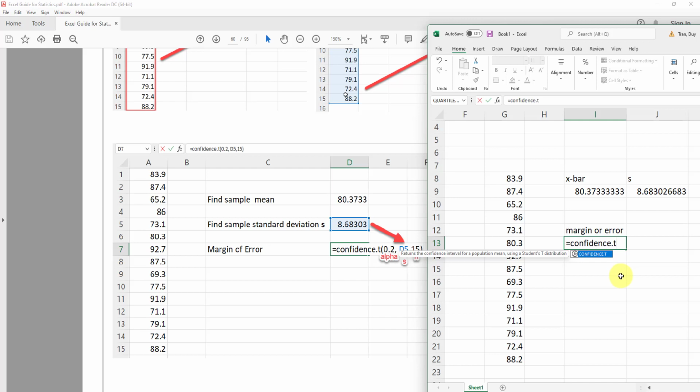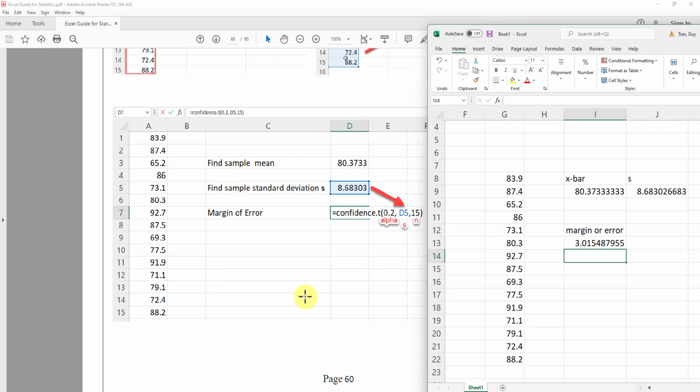And then the first argument I need is the alpha. Alpha is 20% or 0.2. And then the second argument I need, you can see the formula down here, is the standard deviation, that is the s value, the one I just found up here. So I click on that, and then comma, the sample size. We have 15 of them. So I input 15 and close everything. So my margin of error is 3.01.